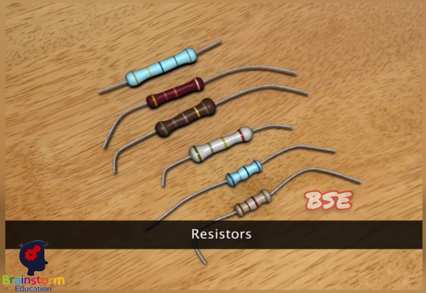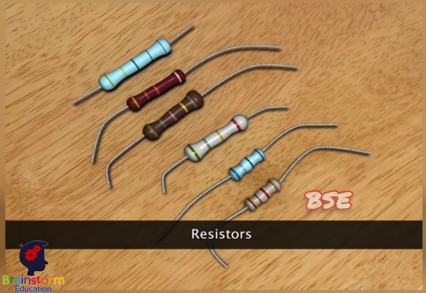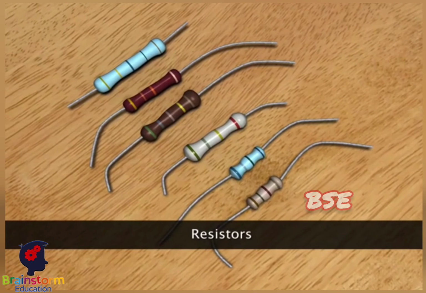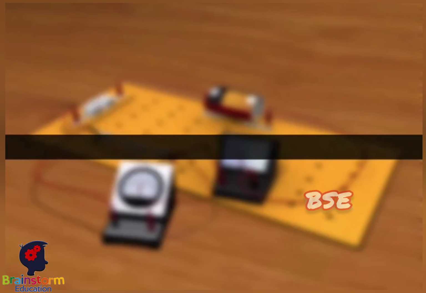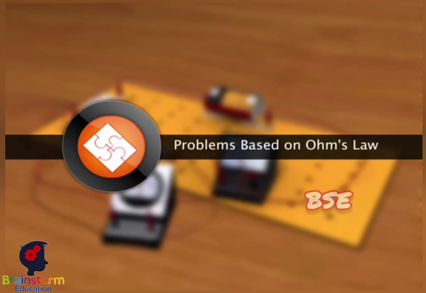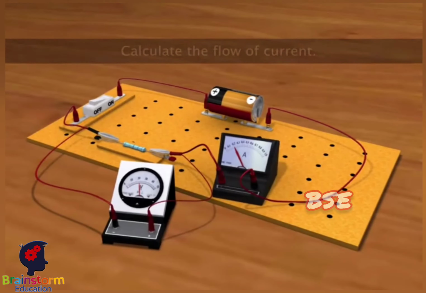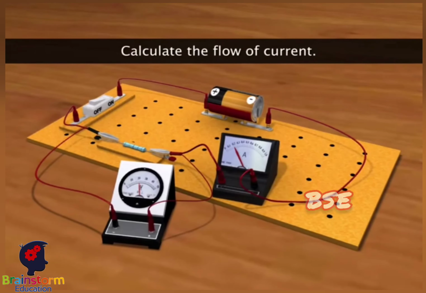Resistors are those devices that offer a level of resistance. They are used to limit the current flowing through sensitive components. Now, let us calculate the current flow in a 100 ohm resistor that is connected to a 20 volt supply.